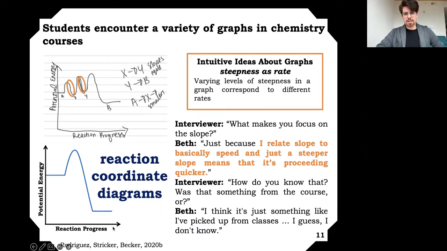And as part of that, similar to the distribution graph, there's this implicit mapping of time onto the x-axis.